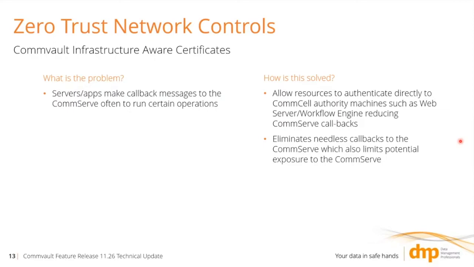That reduces the CommServe callbacks, so the messages sent to the CommServe, and that is also limiting the potential exposure of the CommServe. The less the CommServe is contacted, the less potential there is to expose anything as a risk.